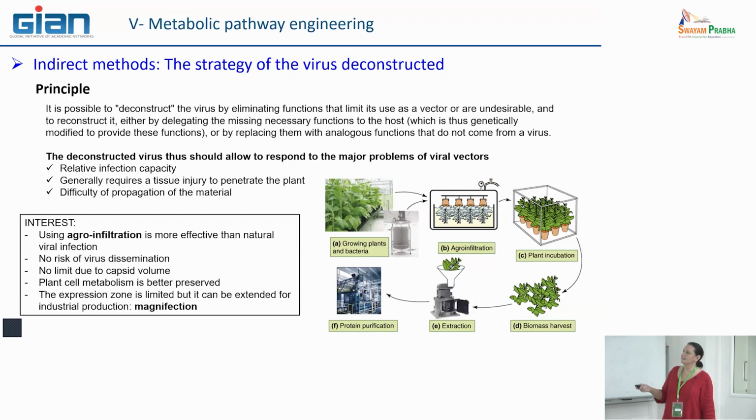All of the plants fixed on a support can be put in a solution of agrobacterium in order to put them in contact. Agrobacterium is transformed with a specific T-DNA, always including a virus particle.